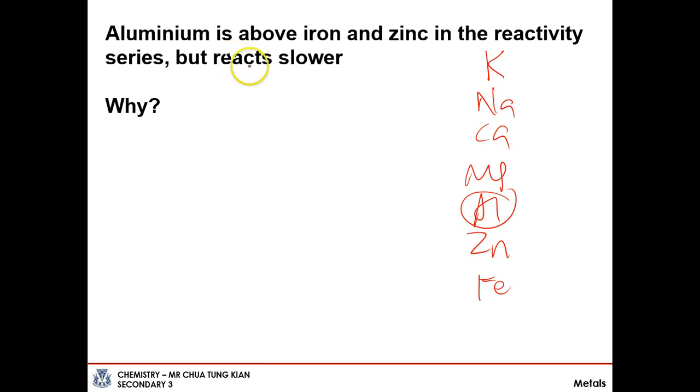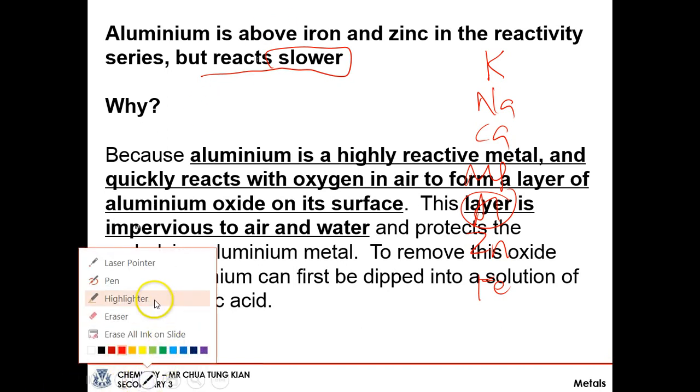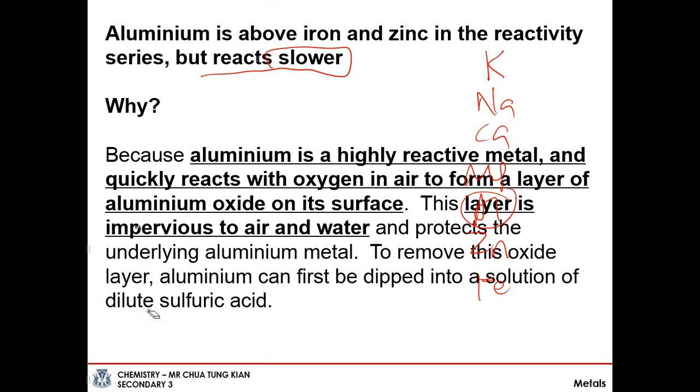So why does aluminium react slower than iron and zinc? This is because, being a highly reactive metal, the aluminium in fact can react with the oxygen in air.